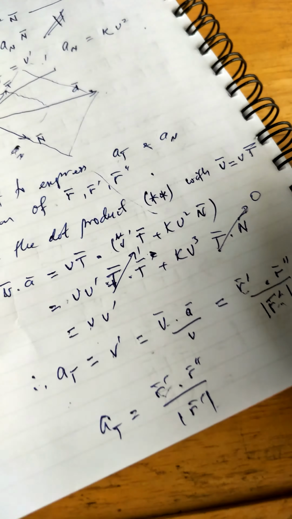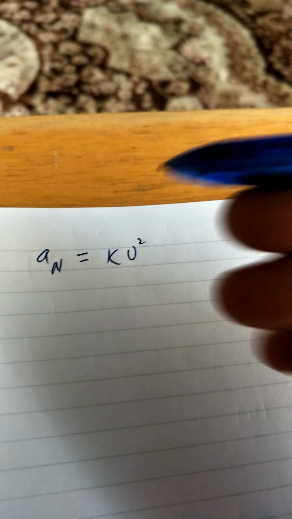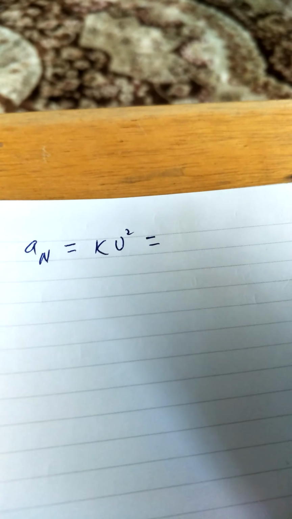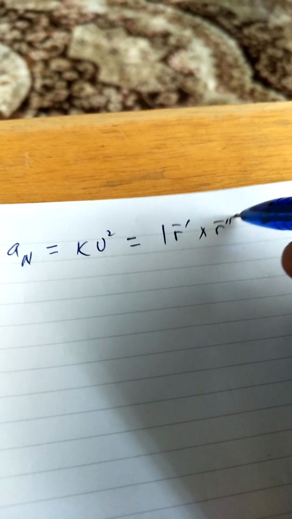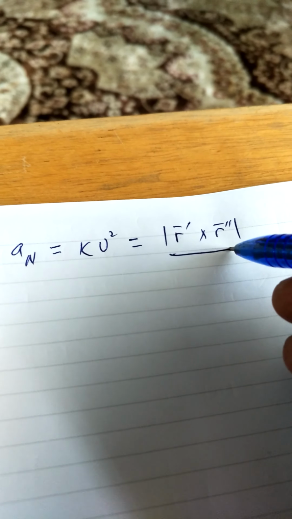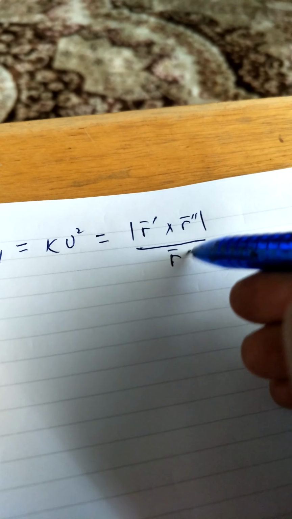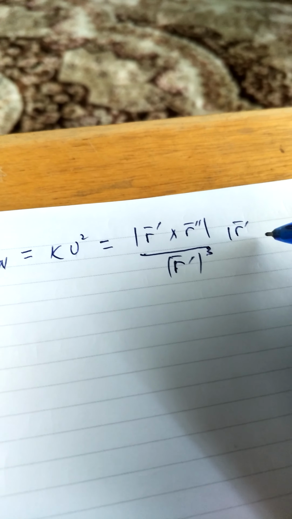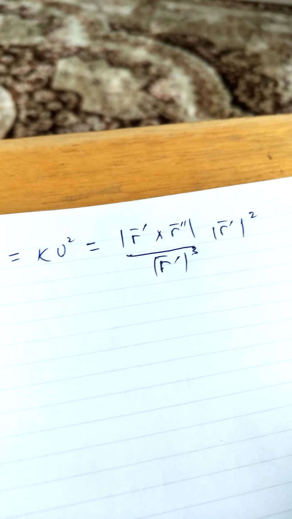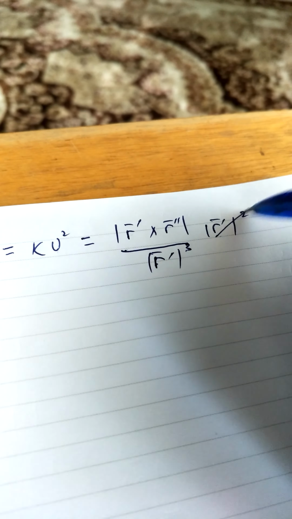And then for AN, we have kappa v squared. Kappa is given as what we have defined, the magnitude of r prime cross r double prime over the magnitude of r prime cubed, and then v is those things squared. So cancel that.